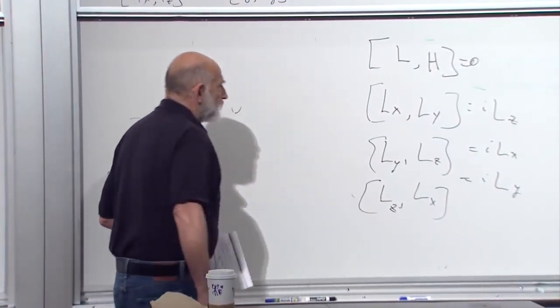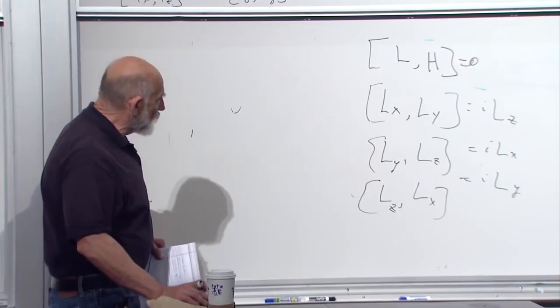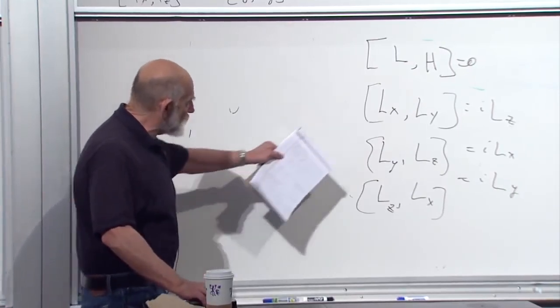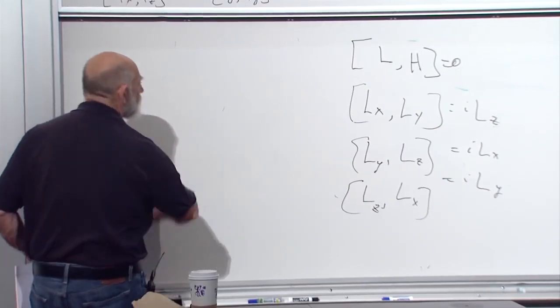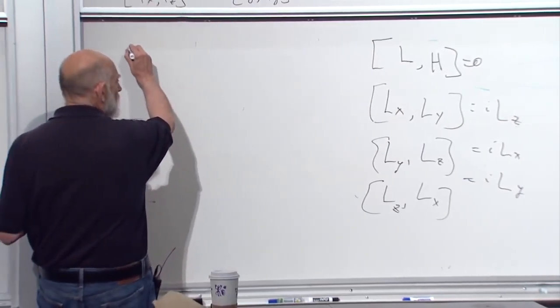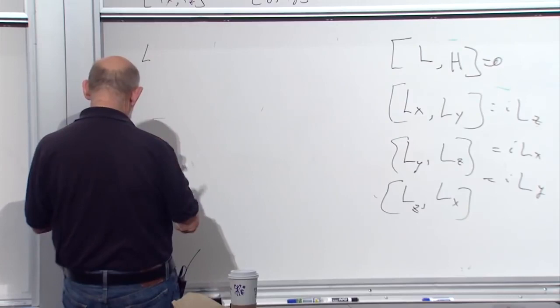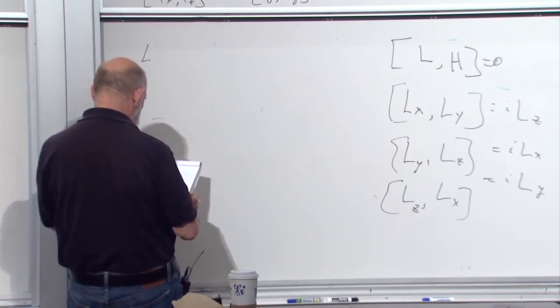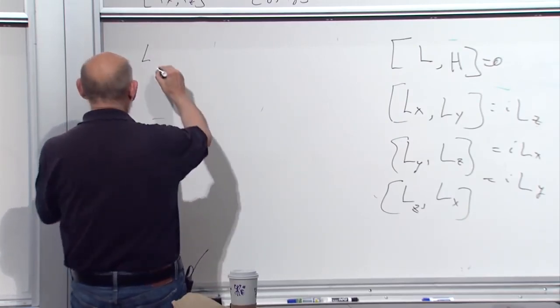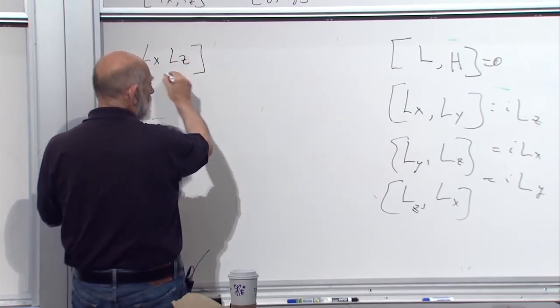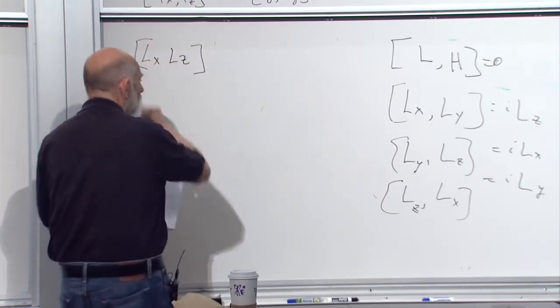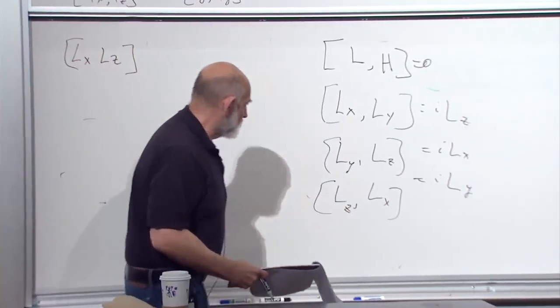What I want is the commutation relations of L plus and L minus with Lz. So how do we get them? Well, we're going to get them from the last two of these equations. Let's rewrite them. Lx with Lz, that's this one over here.